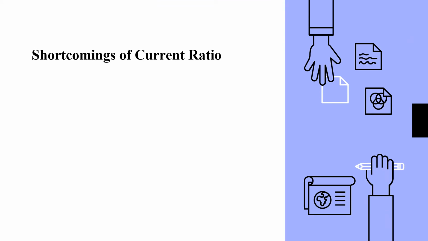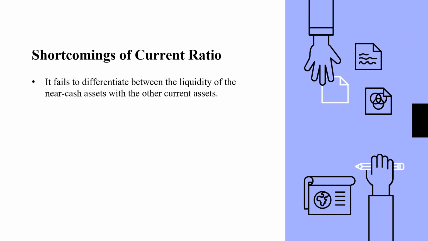So what are the shortcomings of the current ratio? It fails to differentiate between the liquidity of the near cash assets and the other current assets.